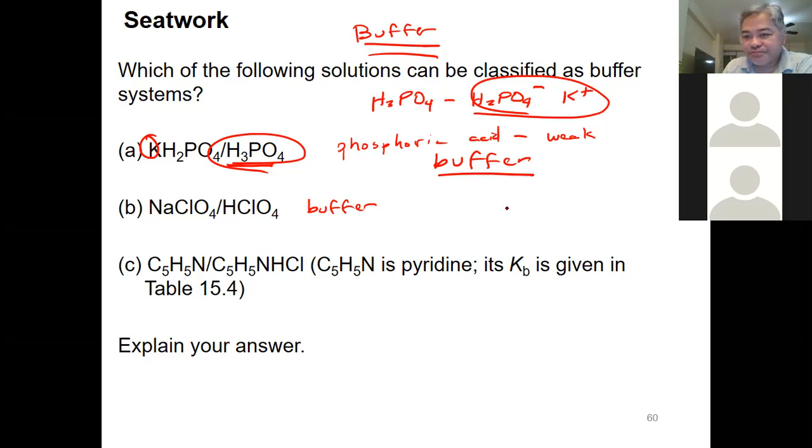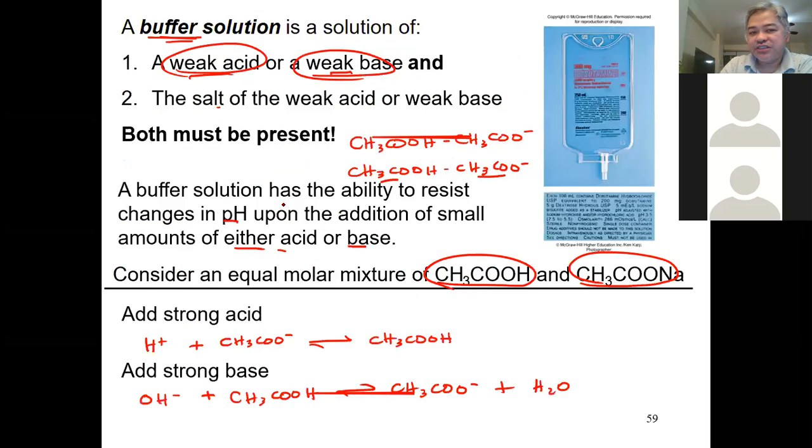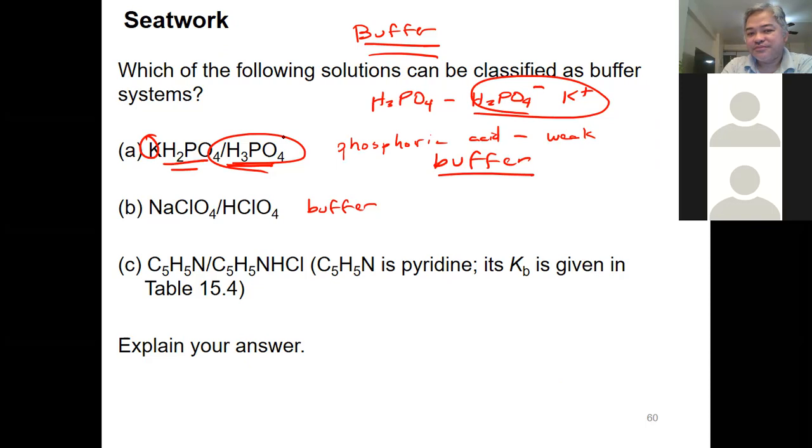Sir, pwede po bang pakiulit po ng explanation po? Phosphoric acid is a weak acid. And the conjugate base of phosphoric acid is H2PO4 minus, which fits here. That's why this makes it a buffer. Ito yung definition natin ng buffer: the weak acid and the salt of the weak acid. Salt ito ng weak acid. You may ask, why do I know it's a salt? Because it has a positive and a negative charge, this one.